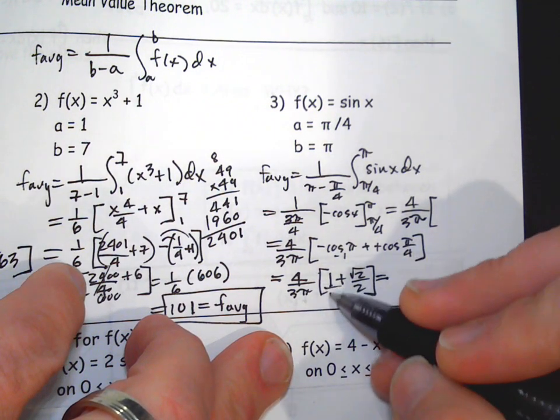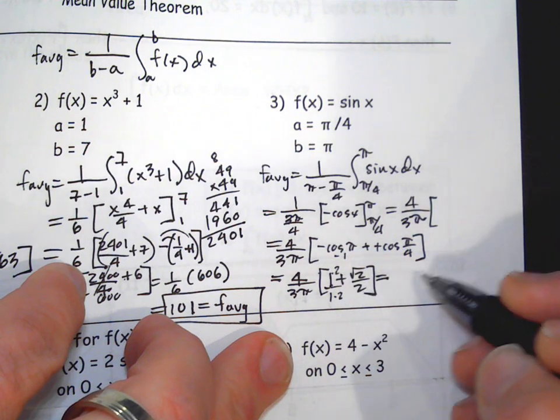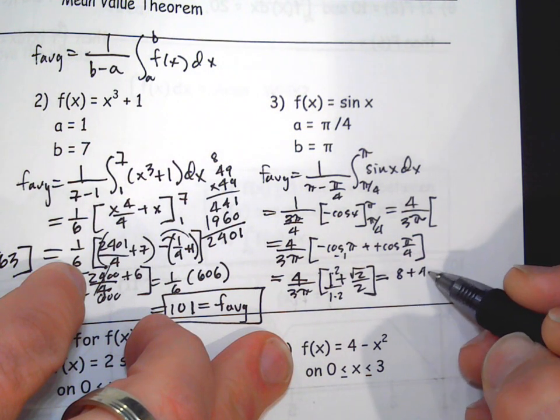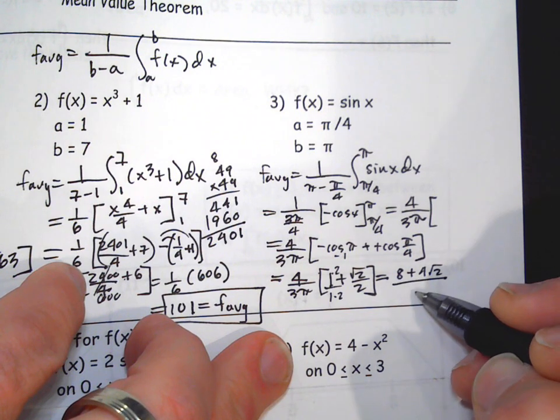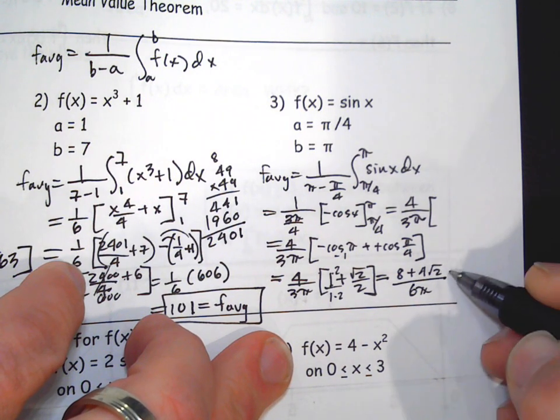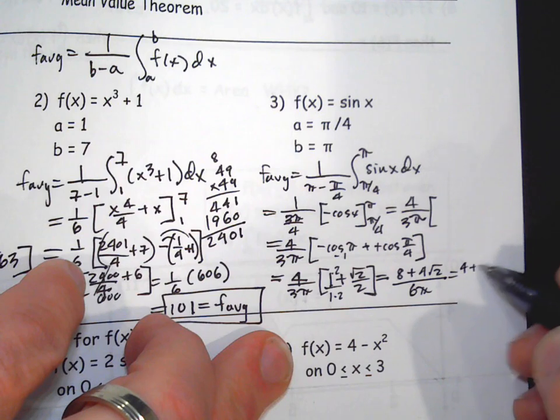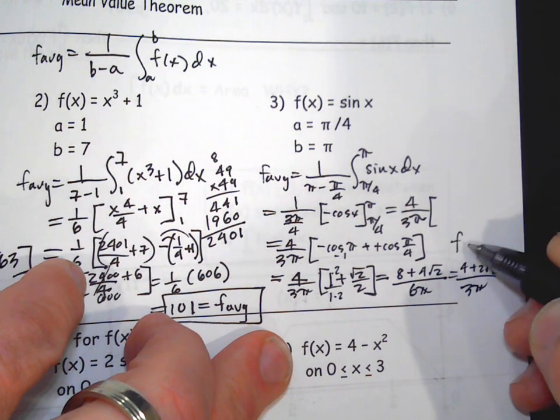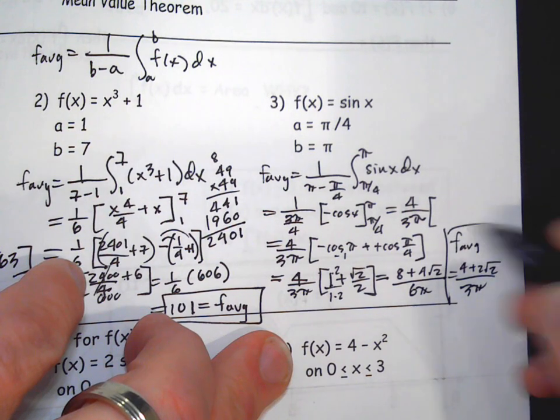We could give this a least common denominator. So that'd be 8 plus 4 root 2 over 6 pi. But then we could divide 2 out of everything. 4 plus 2 root 2 over 3 pi. That's your F average.